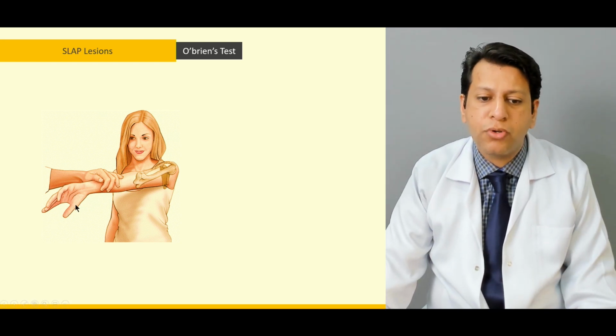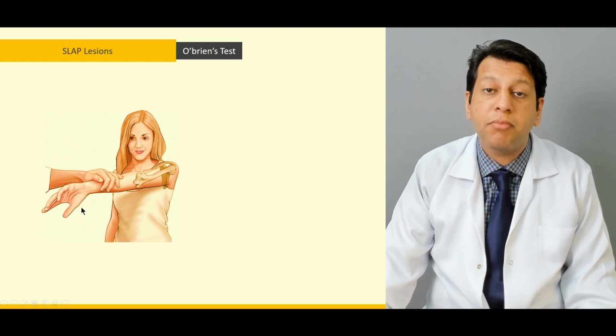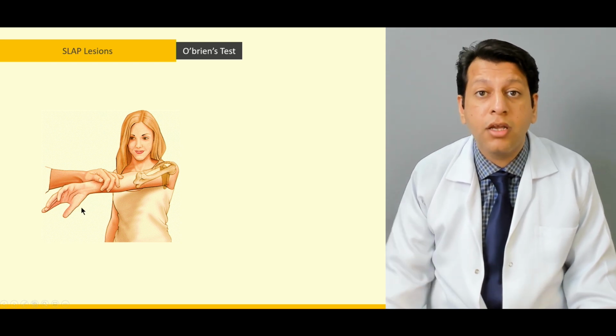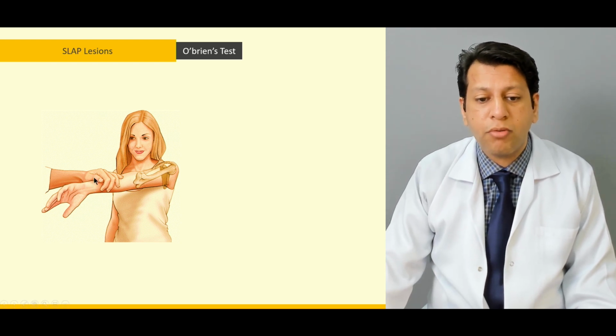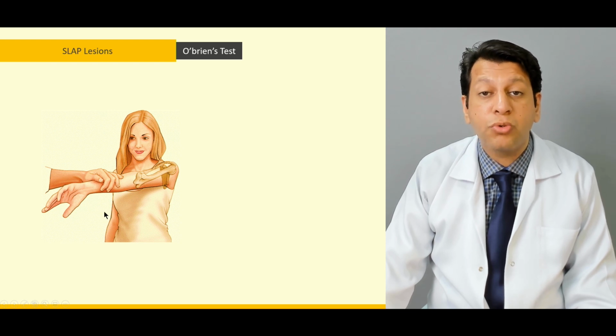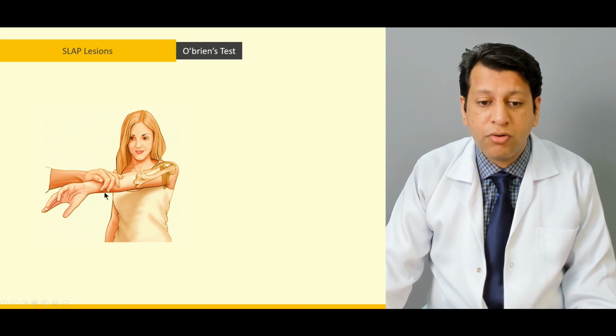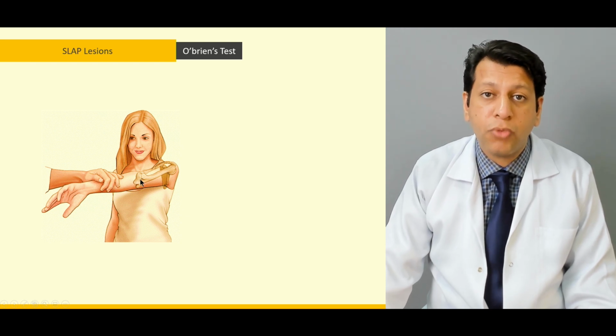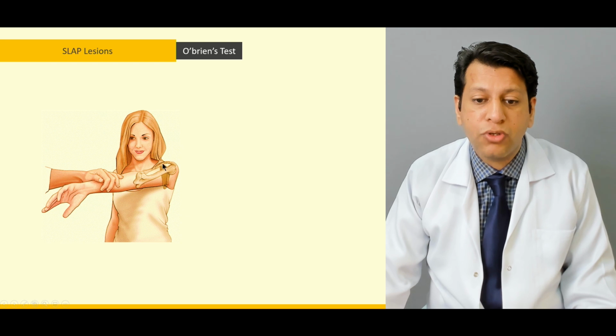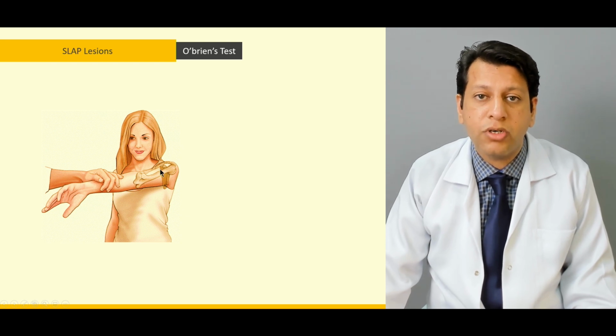When you put the thumb downward, this maximally internally rotates the arm. In this position, you put your hand on top of it, push it downwards, and ask the patient to resist. If pushing downward against resistance produces pain, this means a positive SLAP lesion, and this usually produces pain over the anterior shoulder joint.